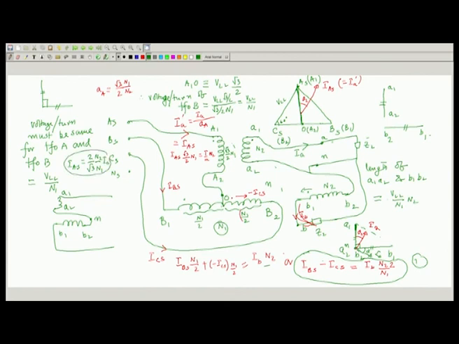So, I have to find out the 3 phase side current in terms of secondary current, of which IAS already obtained. Now, I have to find out IBS and ICS in terms of secondary currents. That is what we are planning to do.